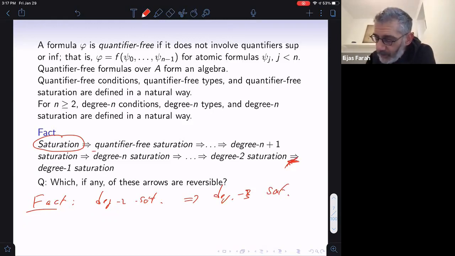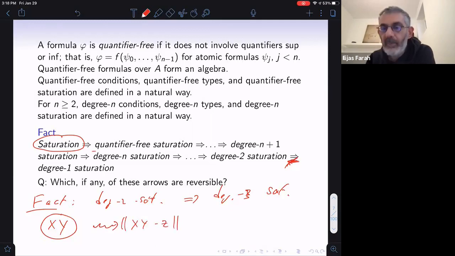Whenever you see a condition that involves a product x y, you can just introduce a new variable, z, and throw in a condition which says x y minus z is equal to 0.